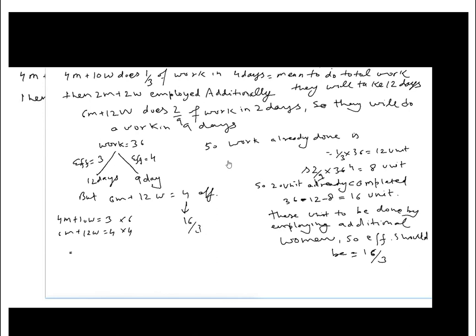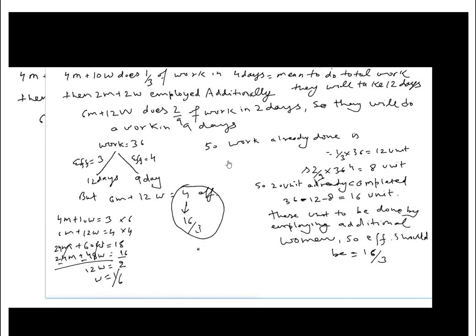So now we will calculate the women's efficiency by multiplication and subtraction. So the men part will be cancelled and we will get the efficiency of women. So by the subtraction we will get 12 women is equal to 2. So 1 woman's efficiency will be 1 by 6.